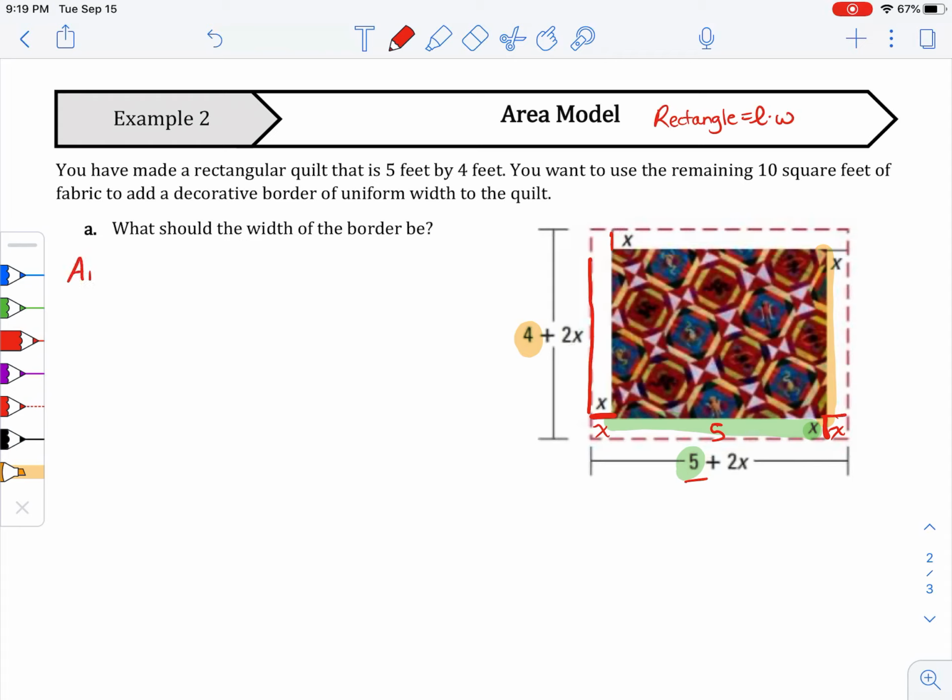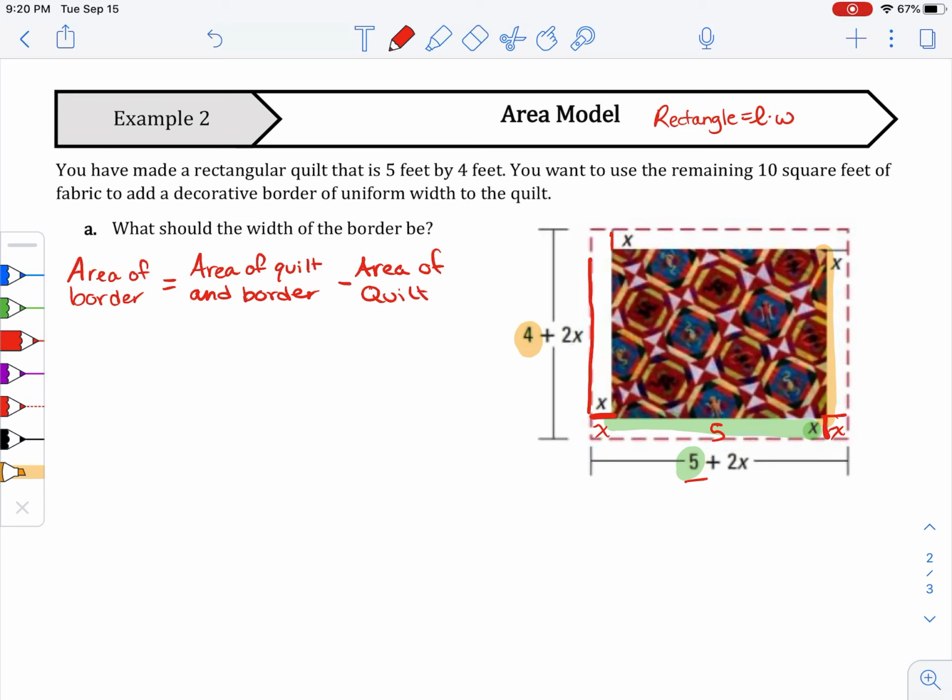So when you're doing these problems, the general form is that you're going to do area of your border is equal to the area of quilt and border minus the area of your quilt. Right?